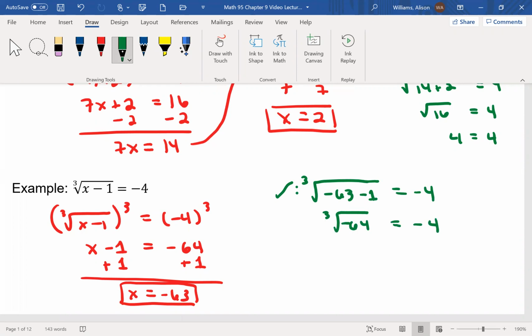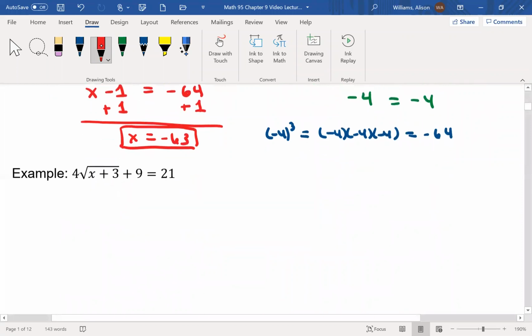Well, the answer is negative 4 because negative 4 times negative 4 times negative 4 is negative 64. Okay, so let me just write that down because negative 4 times negative 4 times negative 4, which is negative 4 cubed, by the way, if we're not making that connection, does equal negative 64. Okay, so it's this math I'm doing in my head. Okay, so it works.